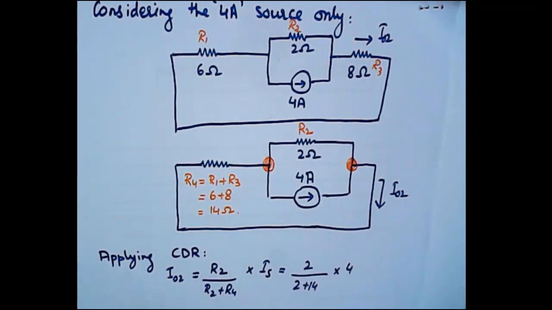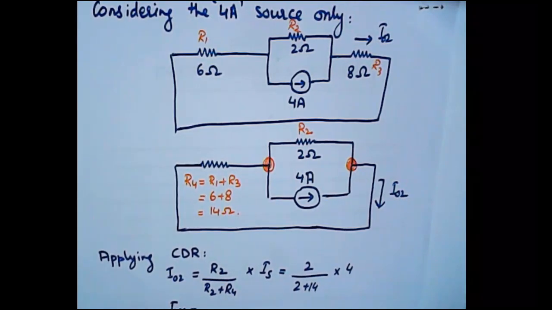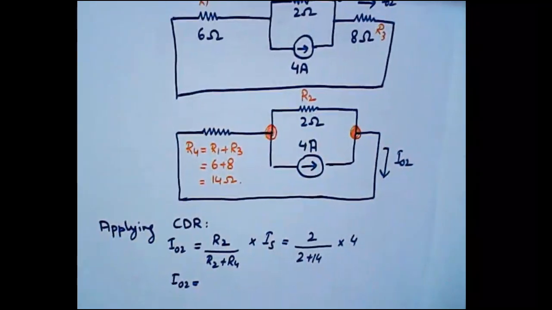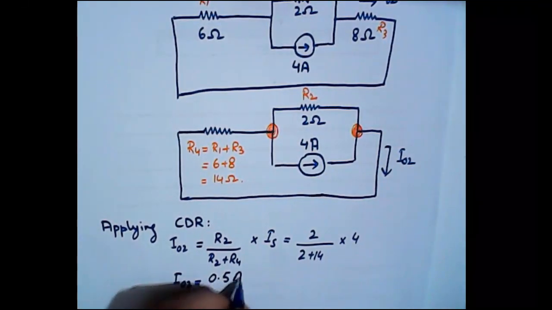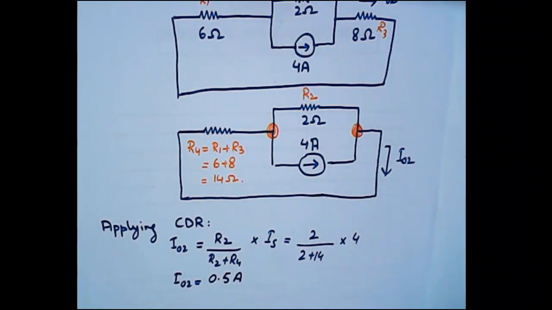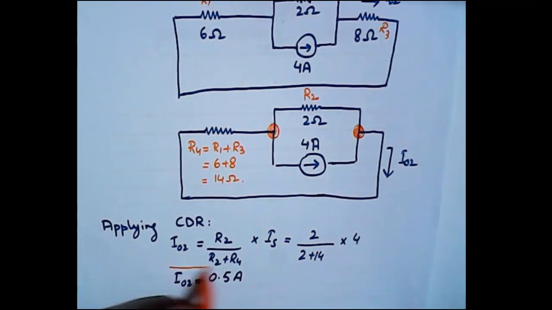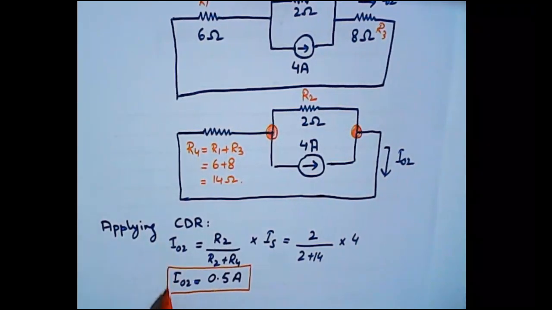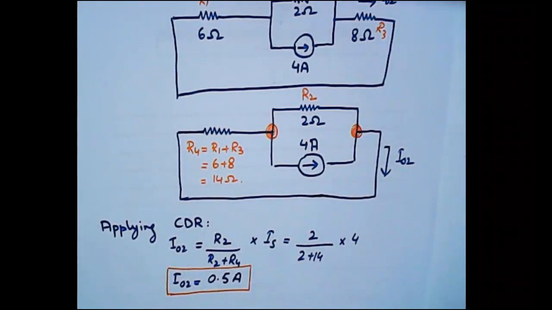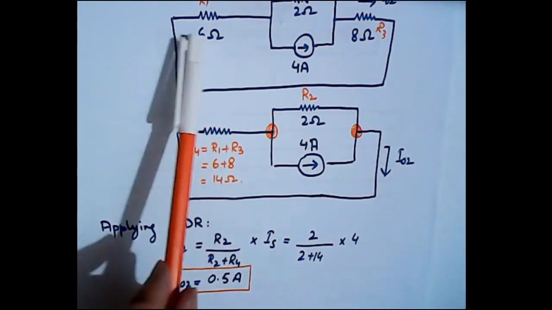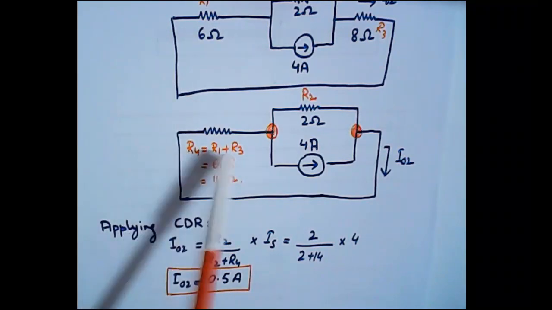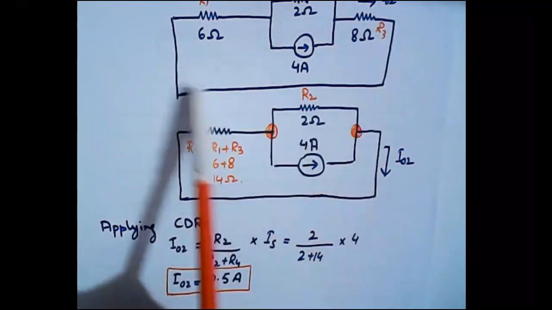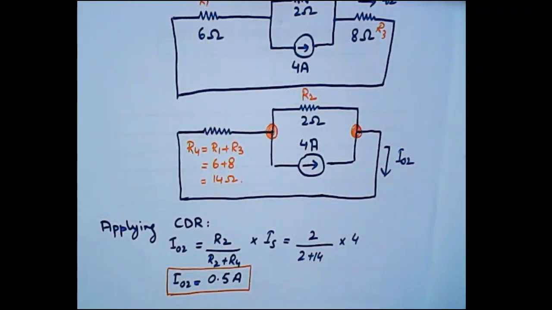So that gives you the value of I02 to be 0.5 amperes, right? So I hope it is clear now that I02 is equal to 0.5 amperes. And since R1 and R3 are in series and their equivalent is R4, the current flowing through R4 will be the same in R1 and R3, as you can see in the picture.